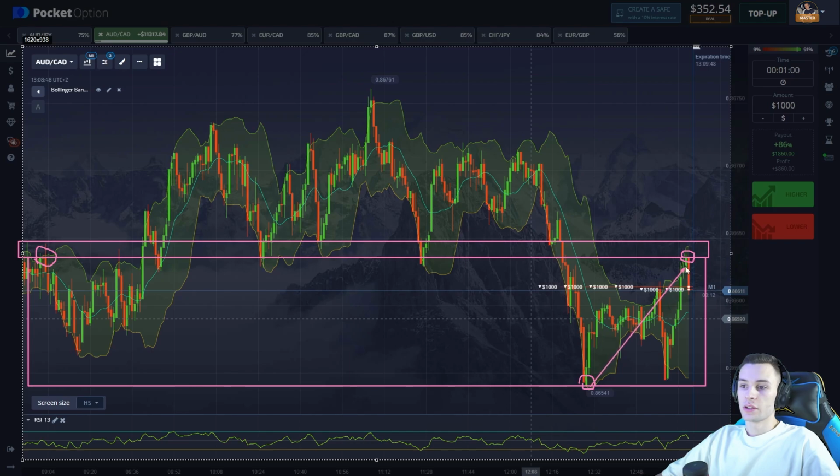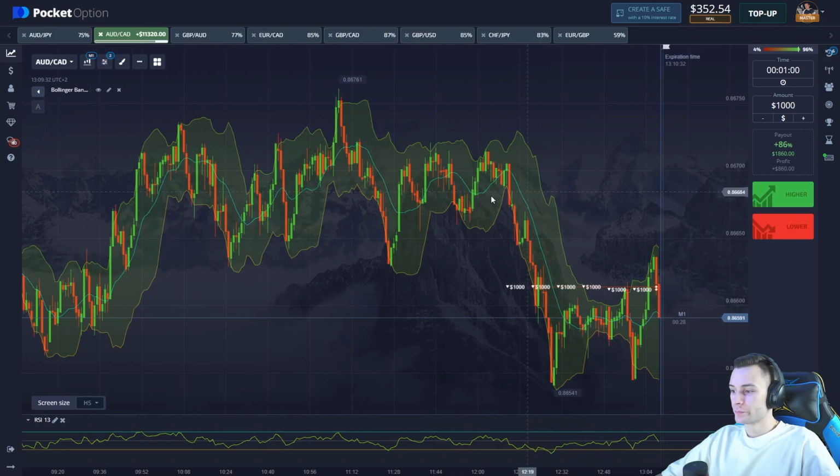After that we see the touch of the upper boundary of the channel, and considering that the price moves within the price range and we don't see the crossing of the overbought zone on the RSI, it indicates that the downward dynamics prevails, and opening a short position is the best option here.